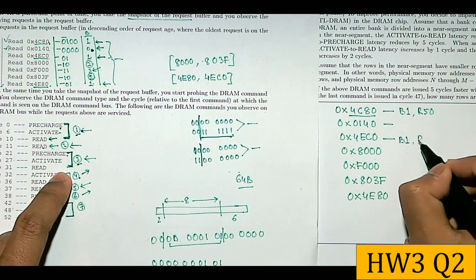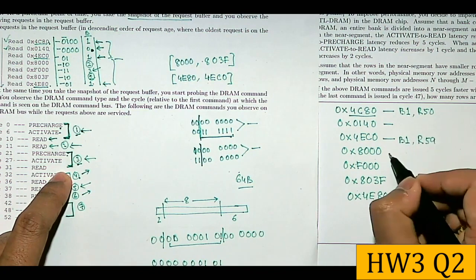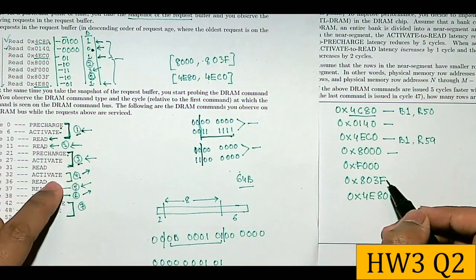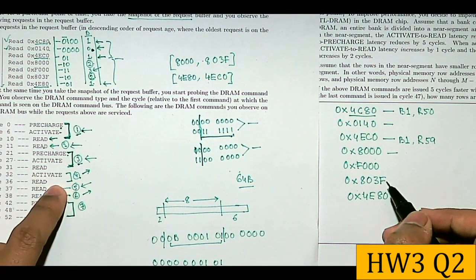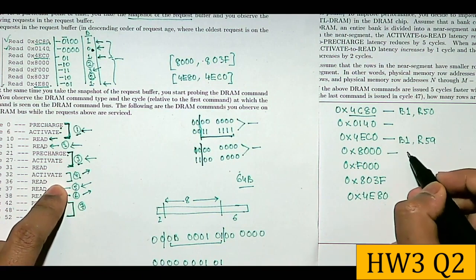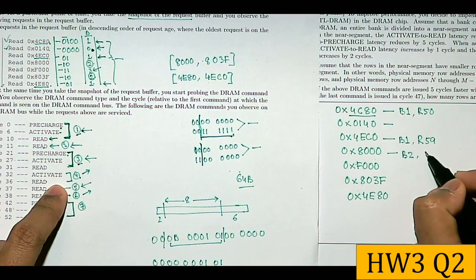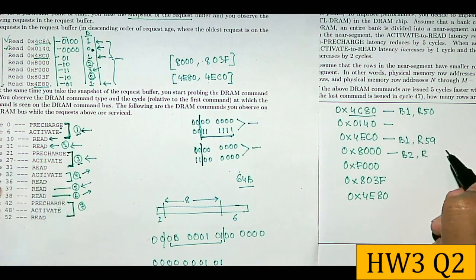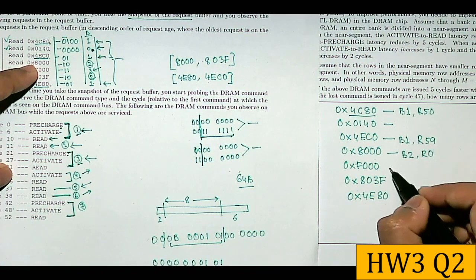This is row 59. I know this. Okay. So now this is an activate to read. This one is for bank 2. And this is for row what? I believe it's 0. Yeah.